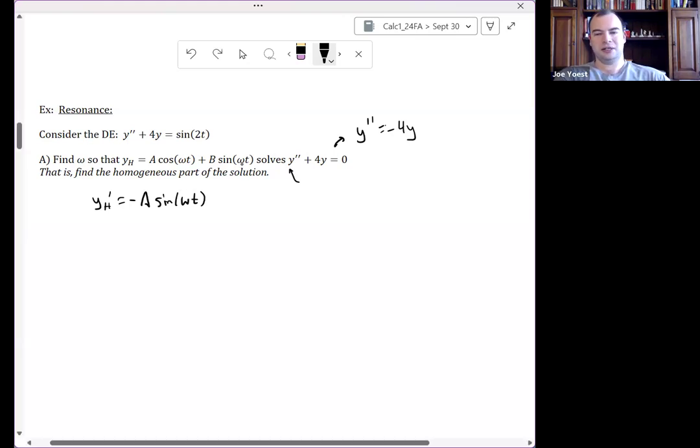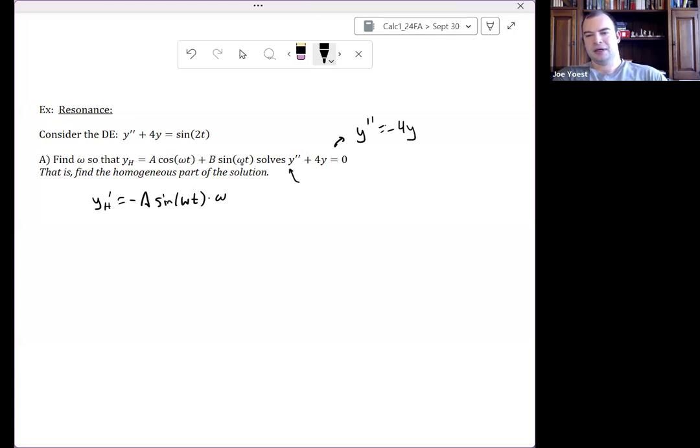We have an omega t on the inside, so we multiply by omega. So roughly speaking, when cosine of stuff differentiates, we get negative sine of stuff times the derivative of the stuff inside. And then plus b, the derivative of sine of stuff is cos of stuff, again times the derivative of the stuff inside.